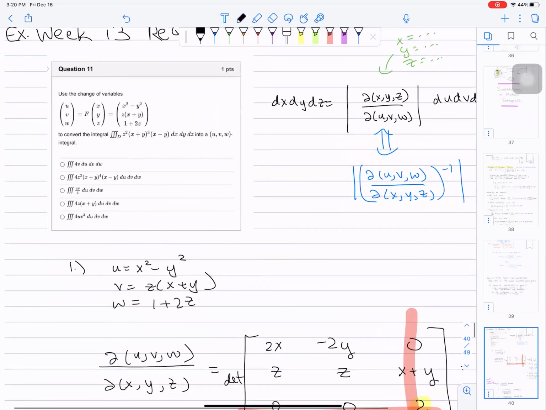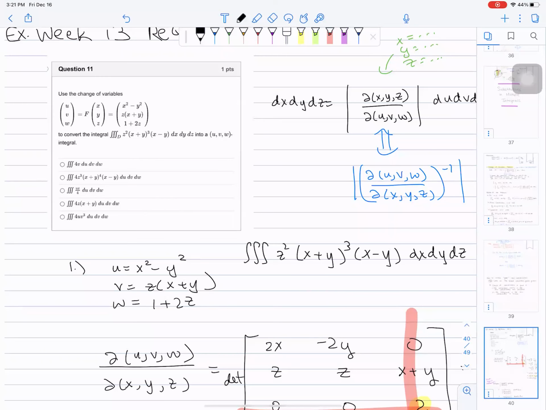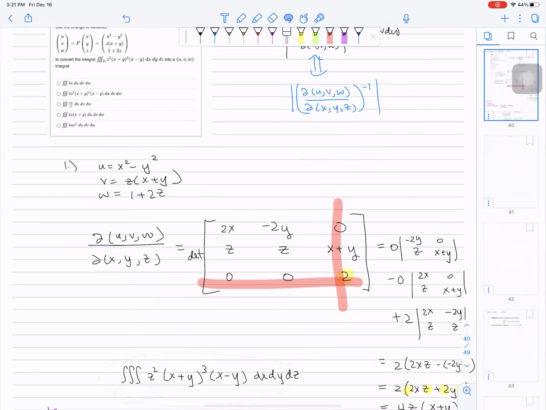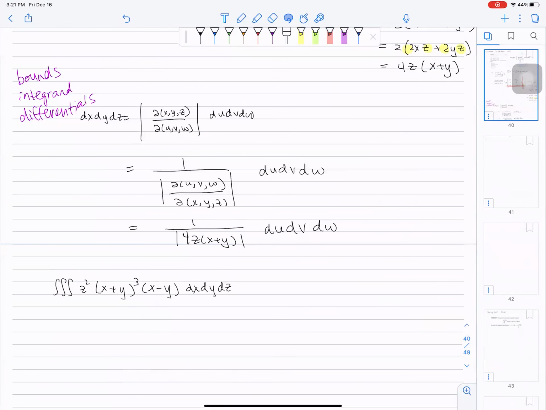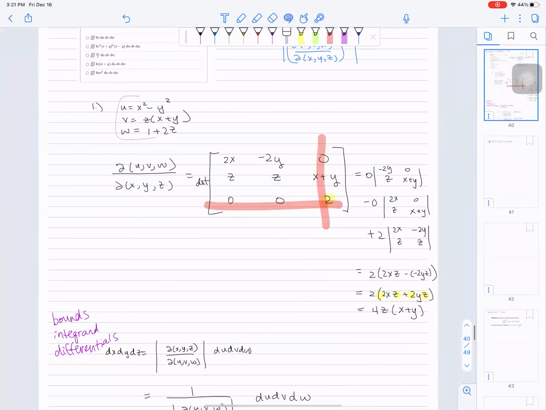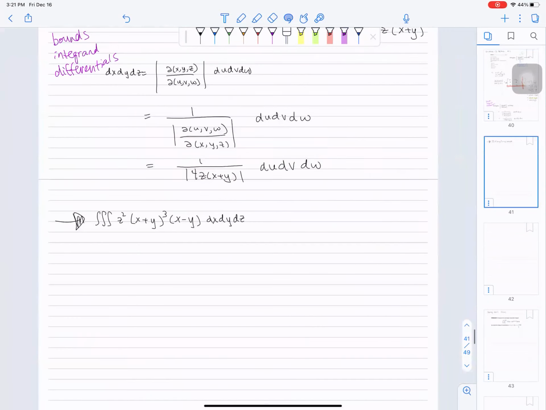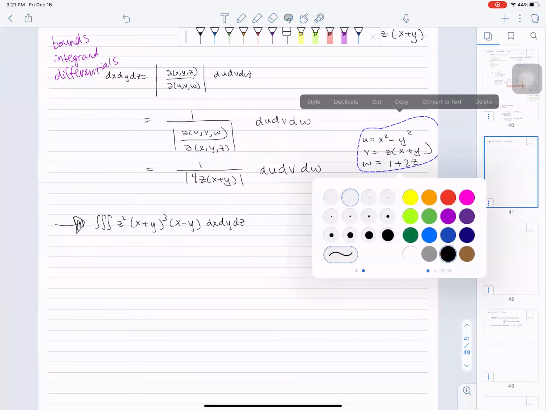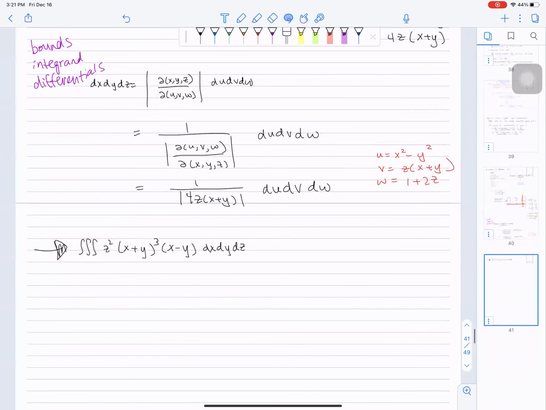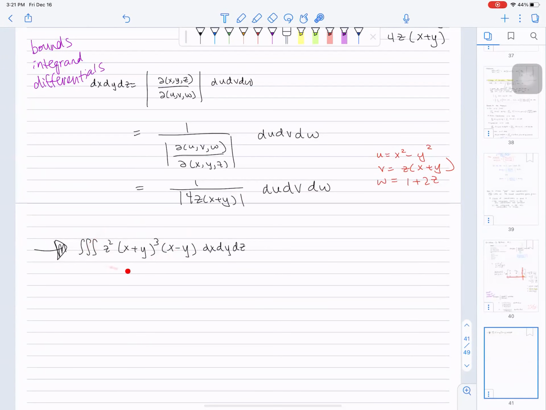So let me write my integrand. x, dy, dz. Okay, this is what I want. Sometimes it works out nicely that this integrand I can immediately write as u, v's, and w's.